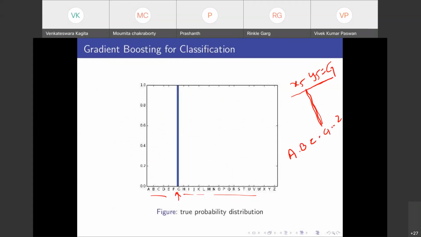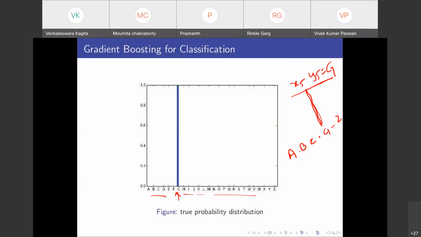And what is our objective? We want to estimate the predicted probability distribution as closely as possible to the true probability distribution, isn't it? Suppose you are given two probability distributions, one is the true probability distribution, another one is the predicted probability distribution. What would you do? You want to estimate the predicted probability distribution as closely as possible to the true probability distribution. Isn't it our objective?